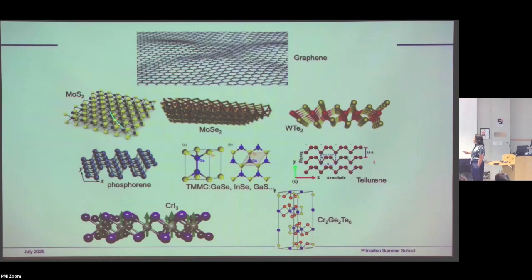They include semiconductors, superconductors, charge density waves, magnets, and ferroelectrics. Pretty much every single electronic state of matter has been observed in the monolayer limit.